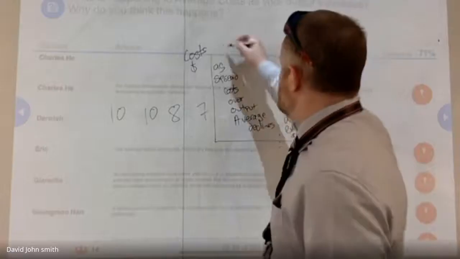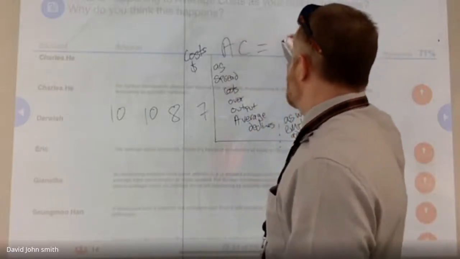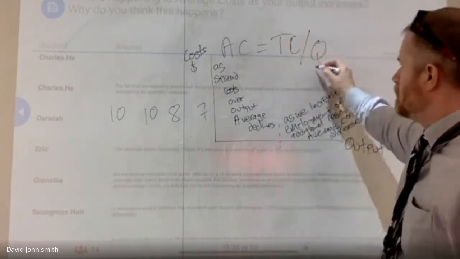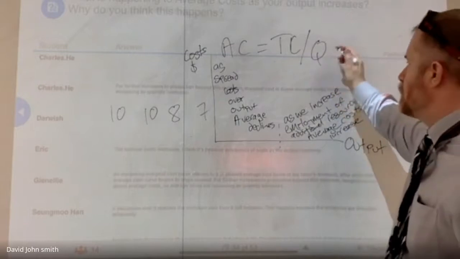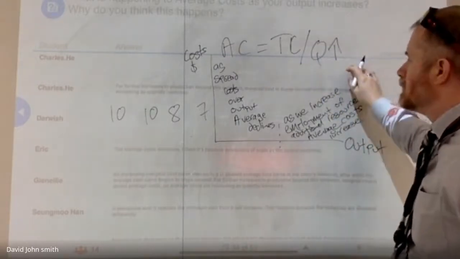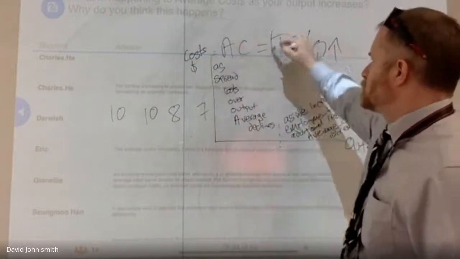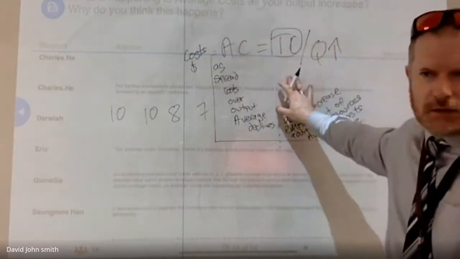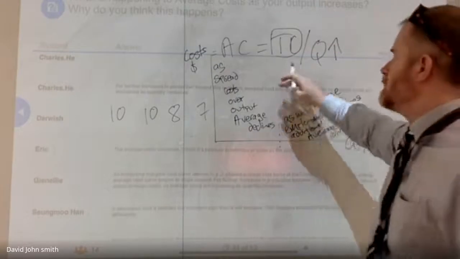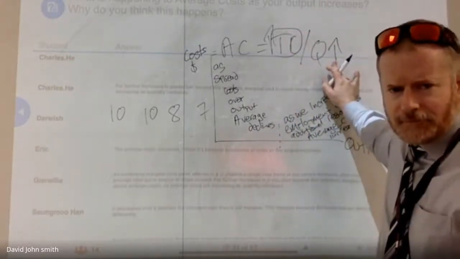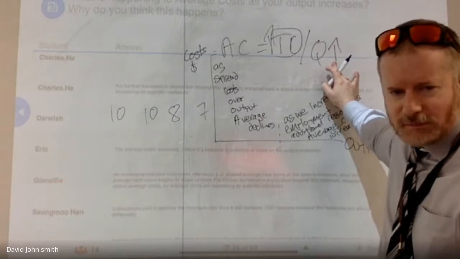Remember your average cost is your total cost divided by your quantity. So if your quantity is increasing, but average cost is staying the same, then your total cost would also have to be increasing, what, by the same amount? Come on, mathematicians.